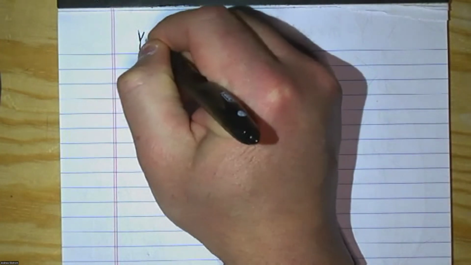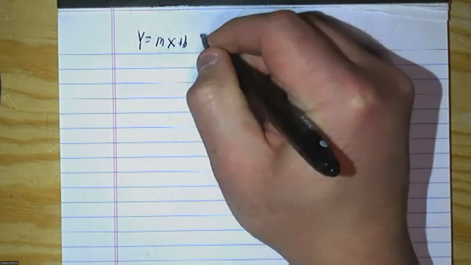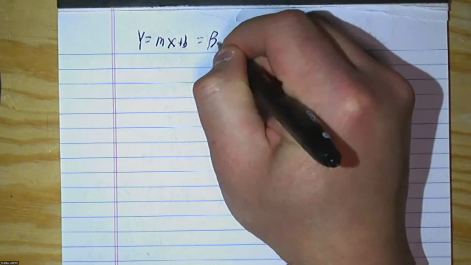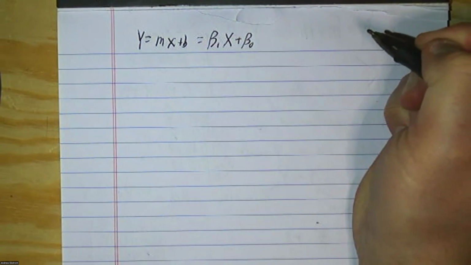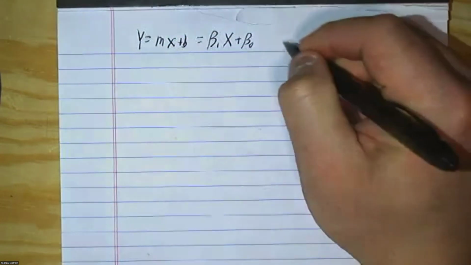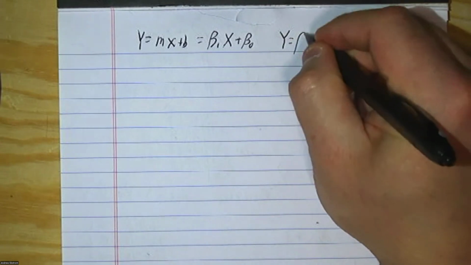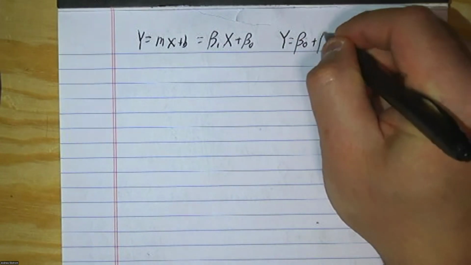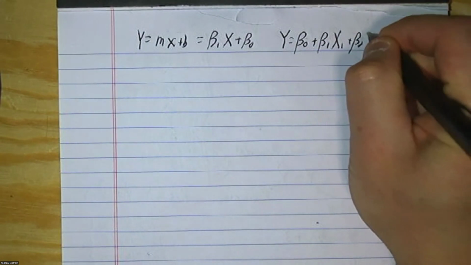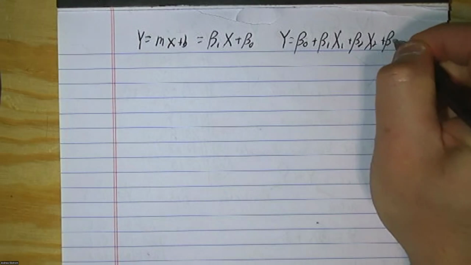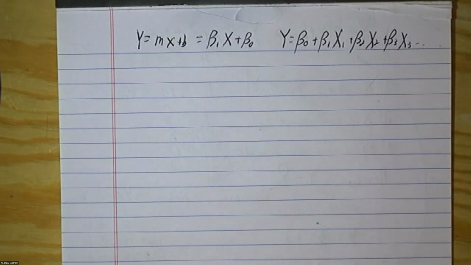With simple linear regression, we have y equals mx plus b, which I said was going to be beta 1 times x plus beta 0. For multiple linear regression, we're going to have y equals beta 0 plus, say, beta 1 x1 plus beta 2 x2 plus beta 3 x3, and so on.